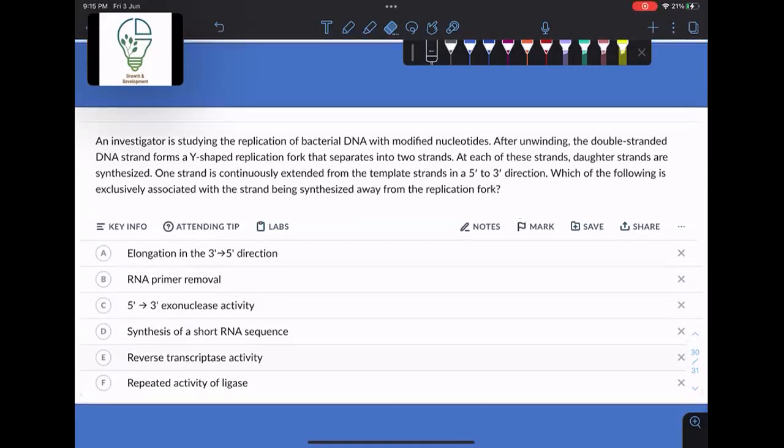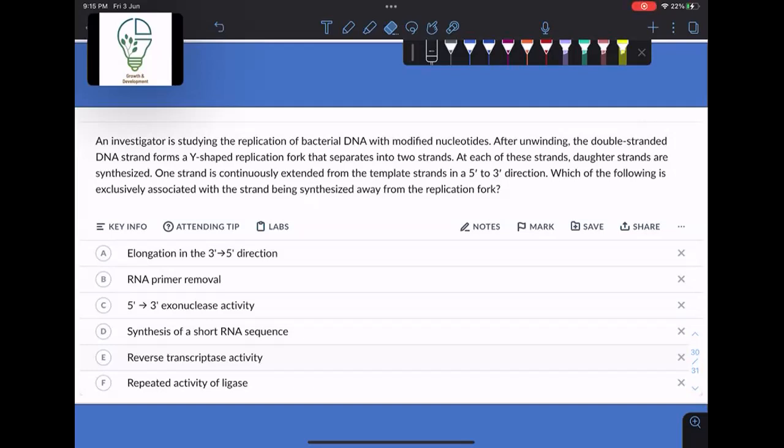So it is very, very important to notice what they're actually asking. They're saying we have bacterial DNA, okay? Unwinding takes place, the replication fork forms, and the daughter strands are synthesized. One strand is extended in the 5-to-3 direction, and they're asking which of the following is associated with the strand synthesized away from the replication fork.